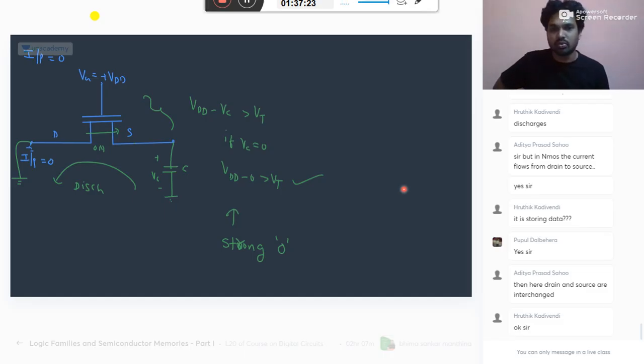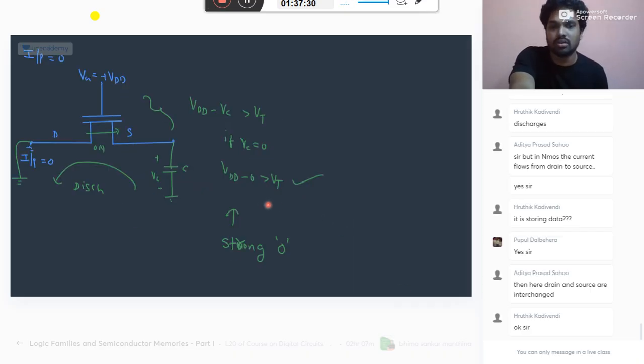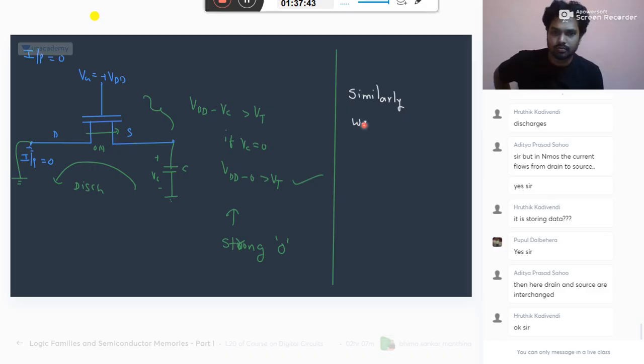So is it clear? It is proved that NMOS can transfer 1 weak and 0 strong. Now you can prove similarly for PMOS, it is strong in 1, weak in 0.